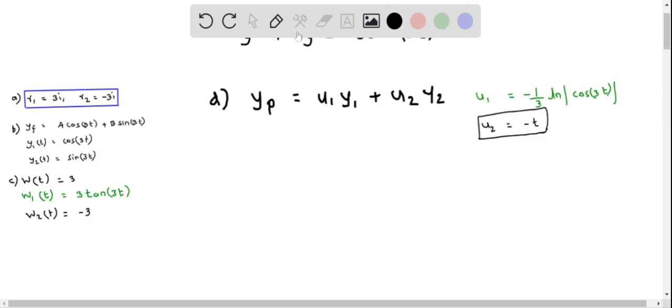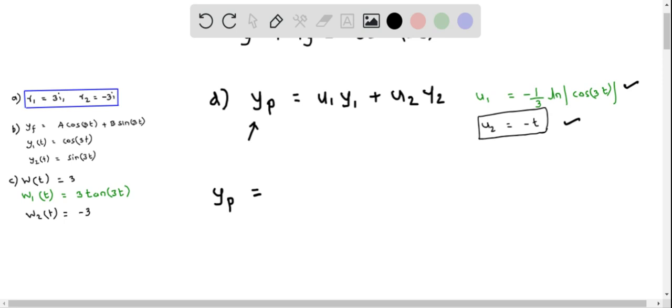Now that we have determined u1 and u2, we can write the particular solution using this equation. We replace u1 and y1 as well as u2 and y2 using the equations that we have already determined. So we write yp, the particular solution to the non-homogeneous differential equation.